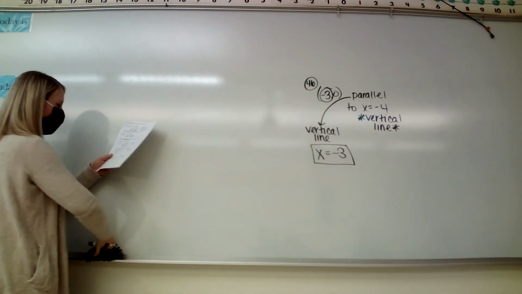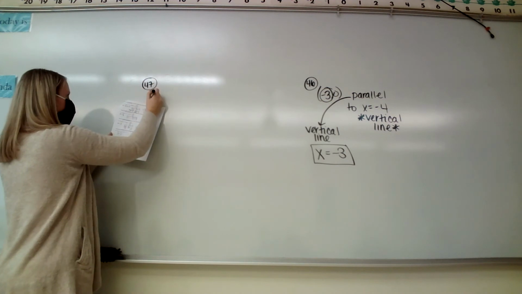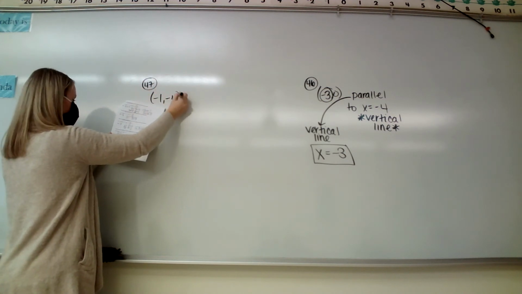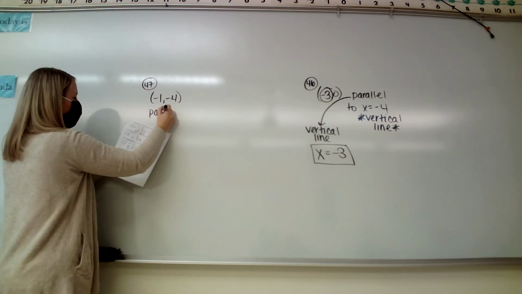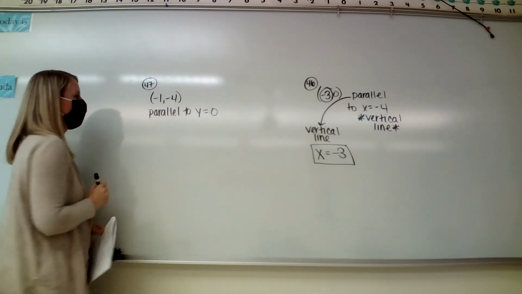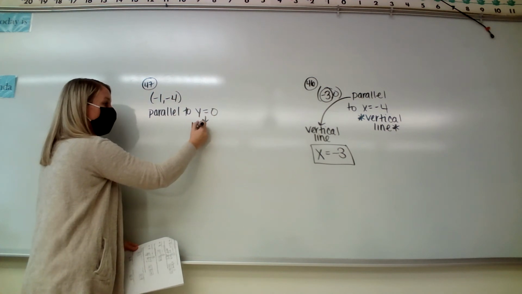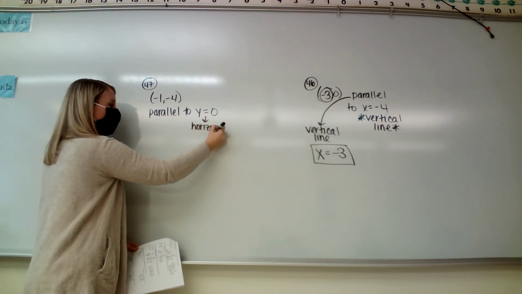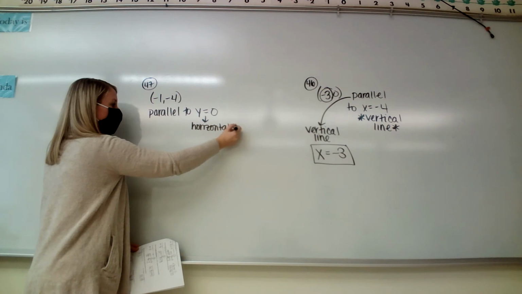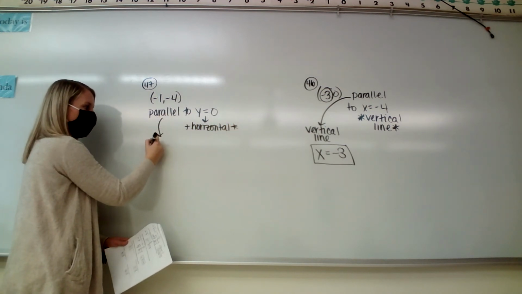Let me just finish the last two. Why not? We're here. We might as well finish it up. At 47, I would say, ooh, y equals, that's horizontal. The parallel would be the same slope, so this is also horizontal.